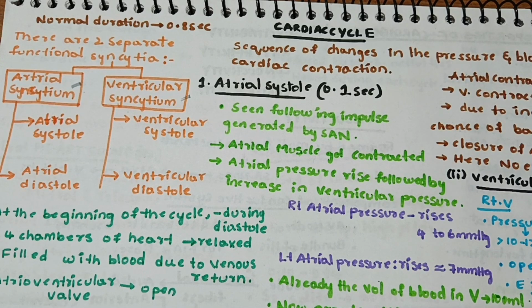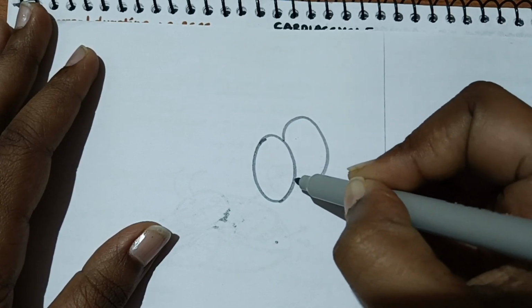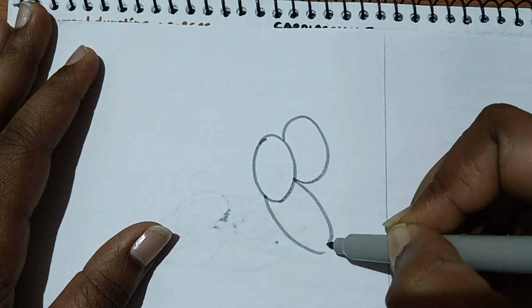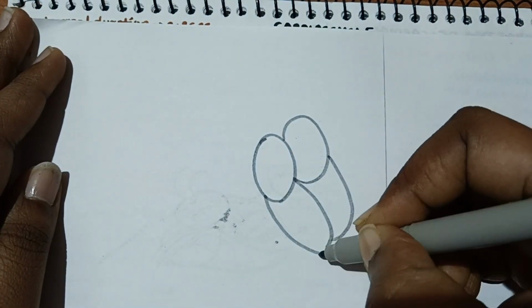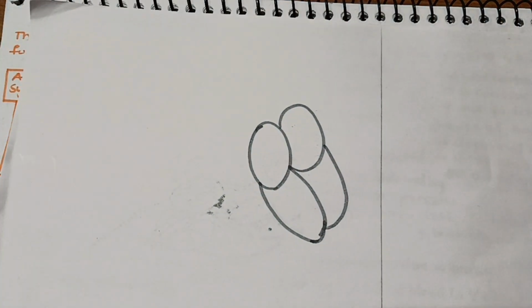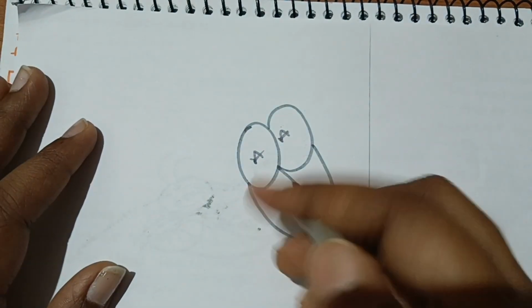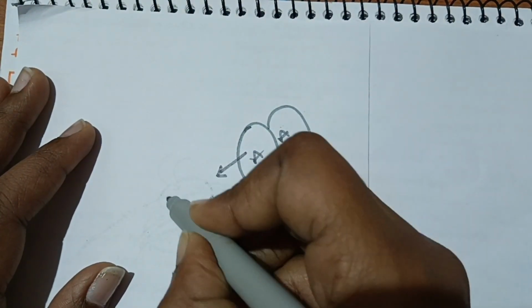Now let's see the diagram. First of all, let's imagine these are the atria and these are the ventricles. In the initial stage of the cycle, let's imagine the pressure in the atria is 0.